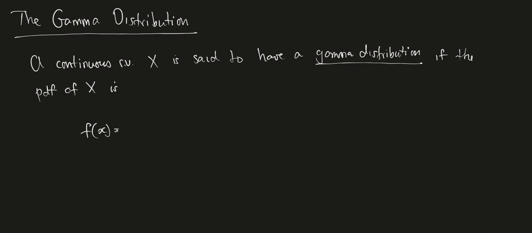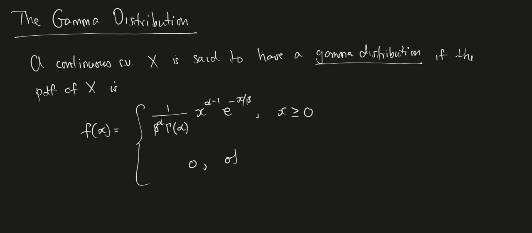So here's our piecewise function, and it is 1 over beta to the alpha times gamma of alpha times x to the alpha minus 1 times e to the negative x over beta, and this is valid when x is greater than or equal to 0, and then it's 0 otherwise.